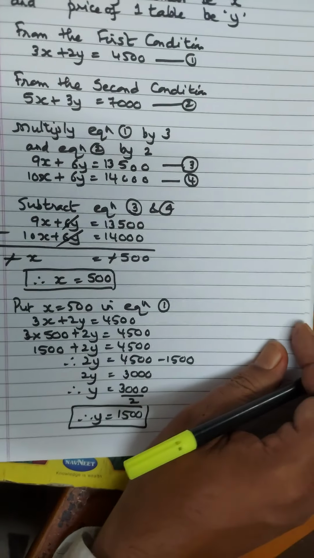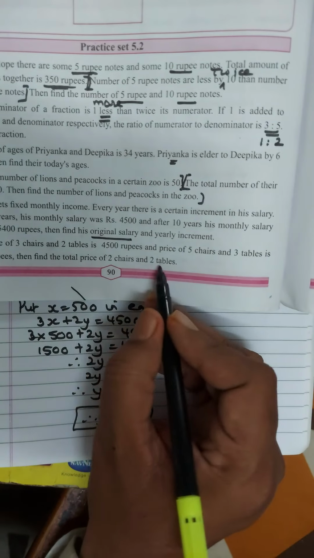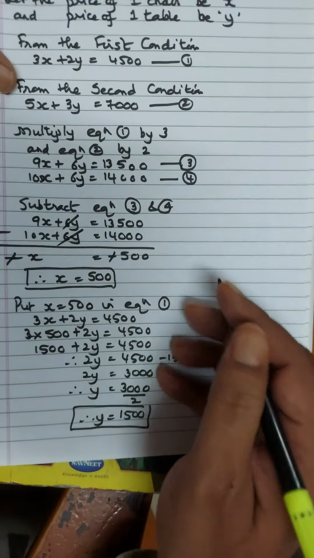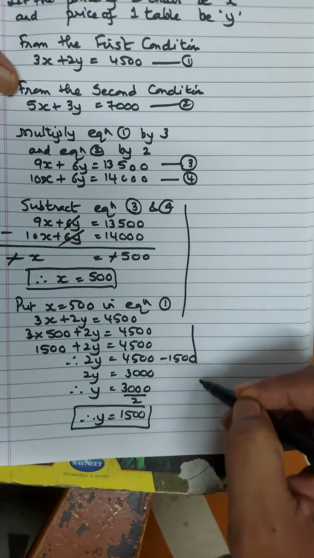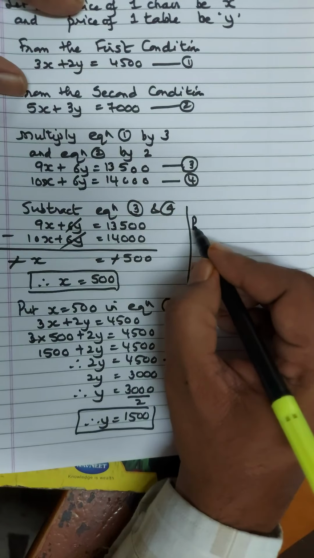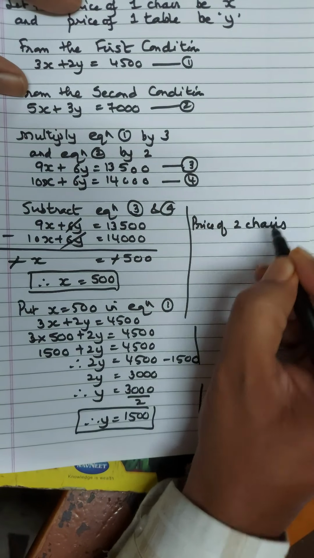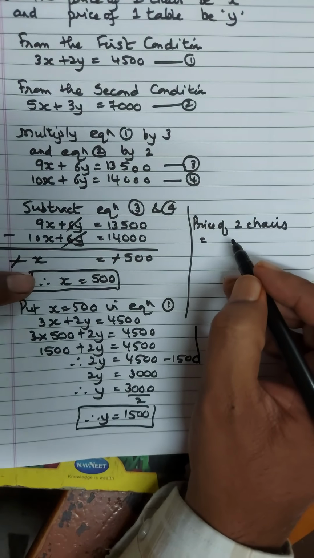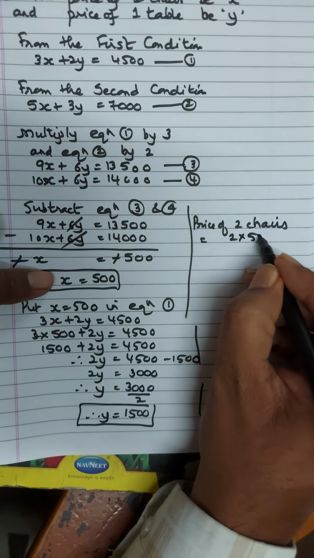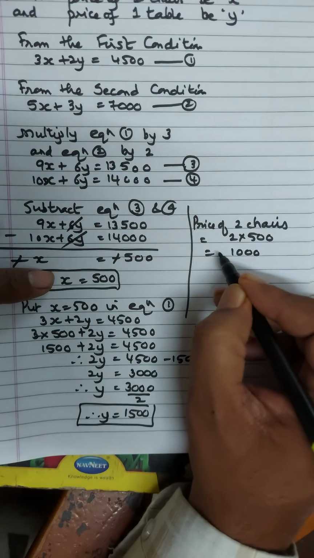Now the question says that we need to find the price of 2 chairs and 2 tables. We got the value of 1 chair and 1 table, so we need to solve again to get the correct answer. The price of 2 chairs: chairs we got as x, which is 500, so 2 into 500, 2 5s are 10, so it is 1000 rupees.